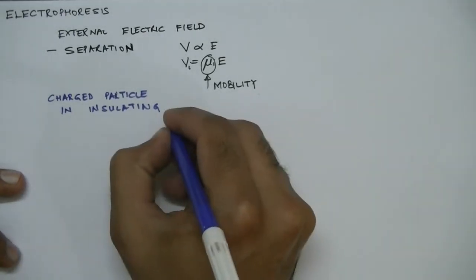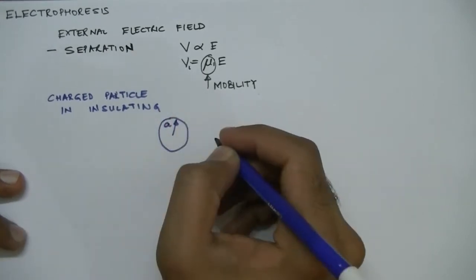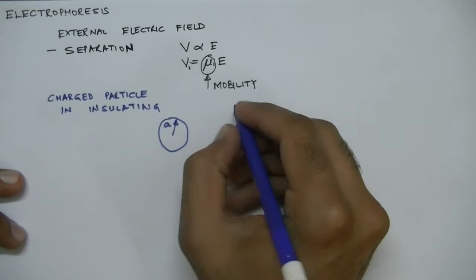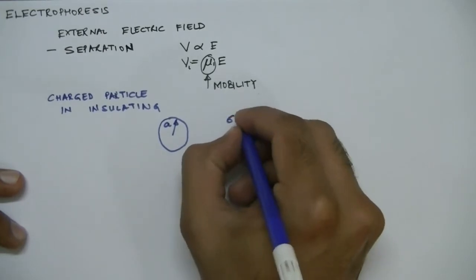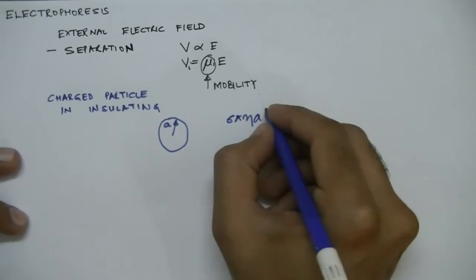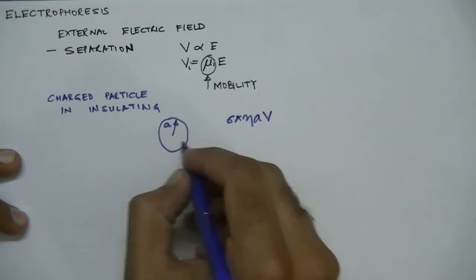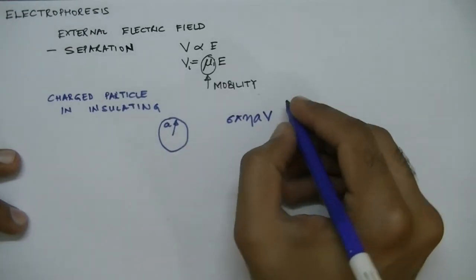So if you consider a spherical particle of radius a, then the drag force is given by 6 pi eta a times the velocity of this particle with respect to the stationary fluid.